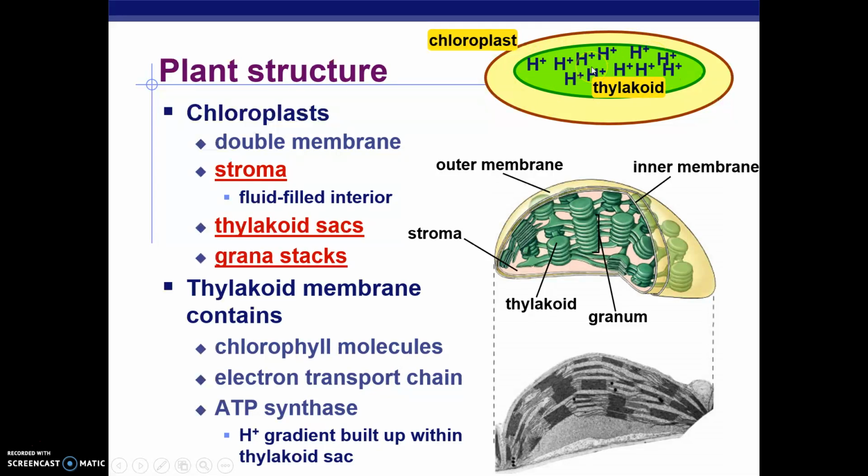And inside the thylakoid, we see the hydrogen ion gradient, the hydrogen ion concentration being built up. The thylakoid membrane allows that concentration gradient to be built and maintained. It will also have ATP synthase, which will be responsible for production of ATP.